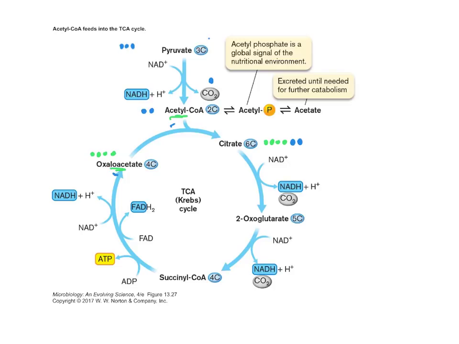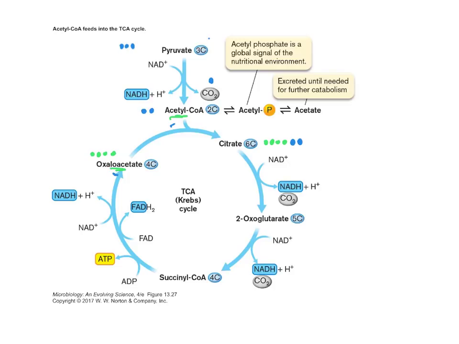Scientists have actually done experiments to figure out which carbon is getting lost. They've done these with carbon-14 molecules, so you put in these radio-labeled molecules and you can figure out which one is which just by tracing the radioactivity.